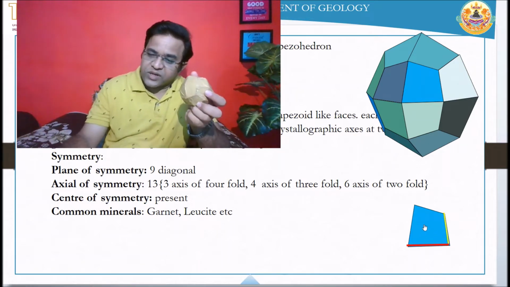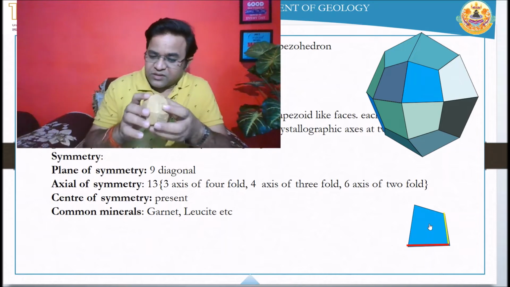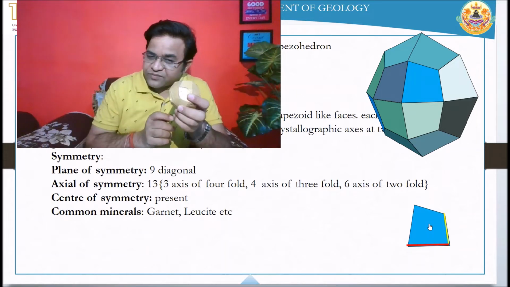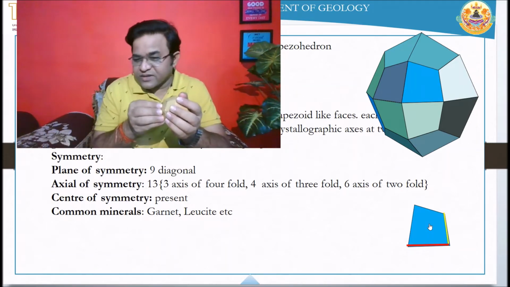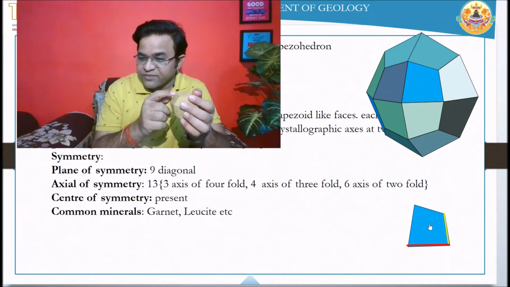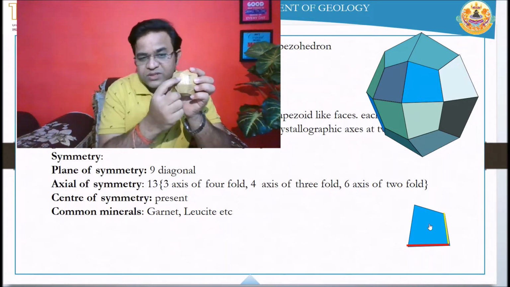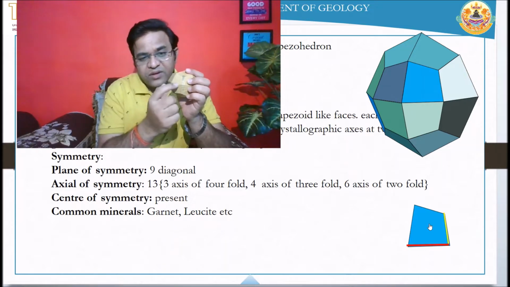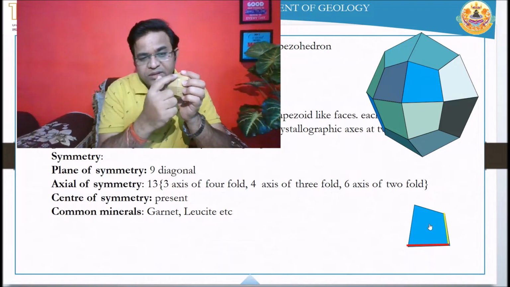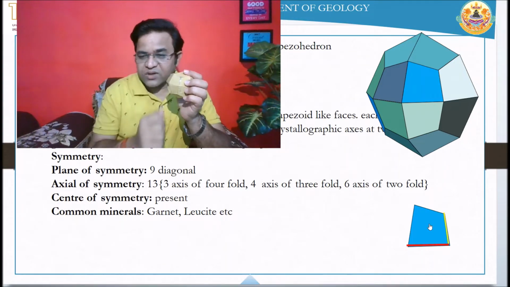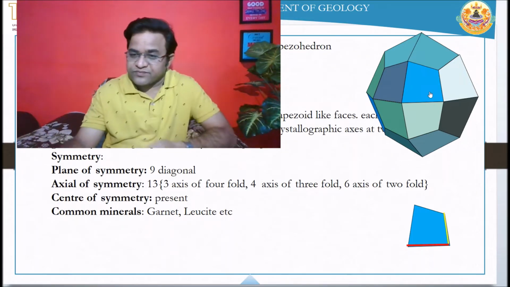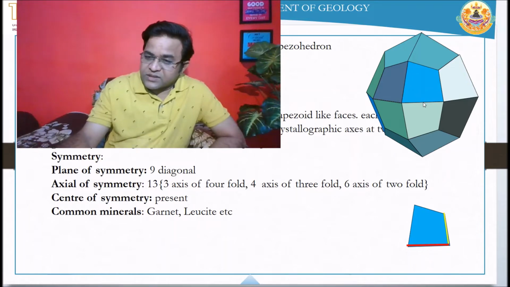So you can easily find that the trapezium is made up of 4 sides. You can see these two sides are of equal length, this and this one, and this one of equal length. So these two sides are of equal length, again in here this side.